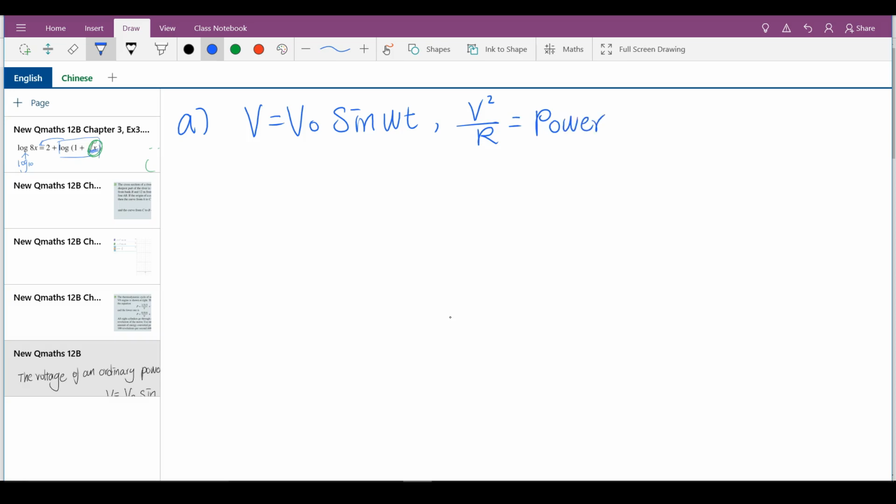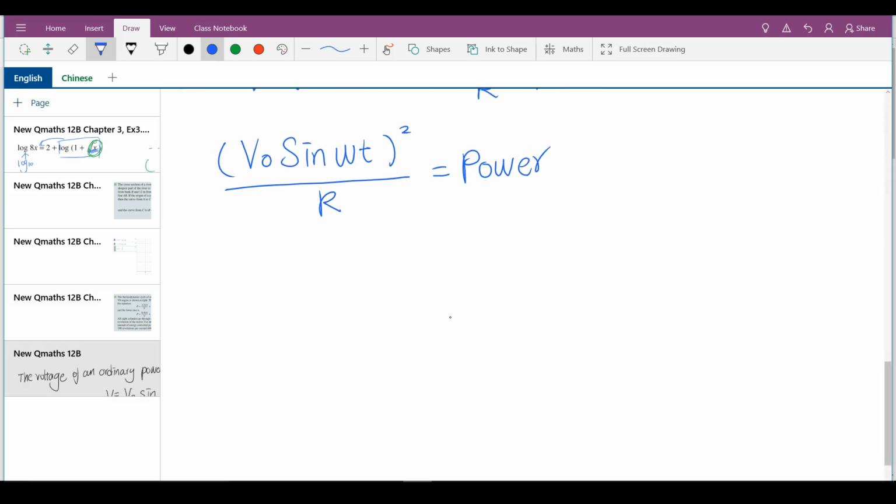Okay, so I will sub the V into this V squared over R. So this is literally just V0 sin(ωt) all squared over R is equal to power. Right? Okay. So let's expand the top bit. The square would distribute into both of them.